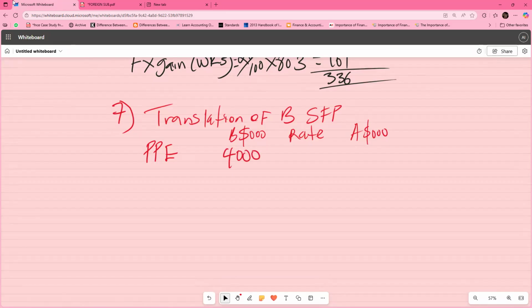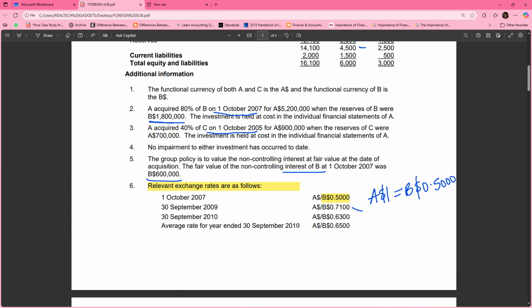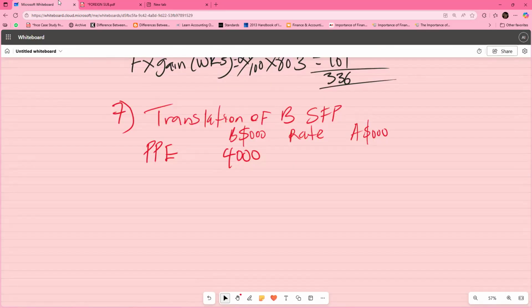What is the closing rate? The closing rate is 0.63.